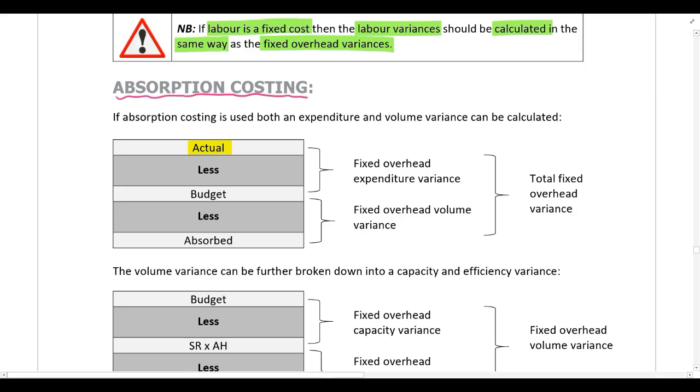Then the difference between the actual and the budgeted amount gives you your expenditure variance, and the difference between the budgeted amount and the absorbed amount gives you your volume variance. And please note, guys, that this calculation is exactly the same calculation that we look at in our variable and absorption costing lecture, where we calculate the fixed overhead expenditure and volume variances.